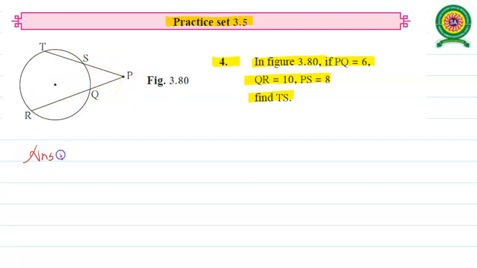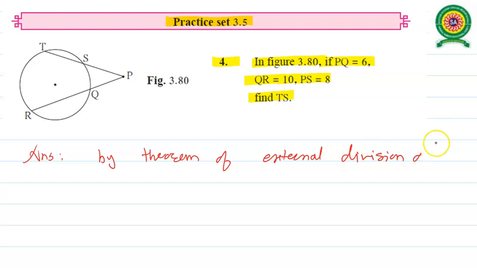Once they are intersecting at point P, and P is the exterior point of the circle, we have, by the theorem of external division of chord, as per this theorem, TP into PS equals overall PR into PQ.